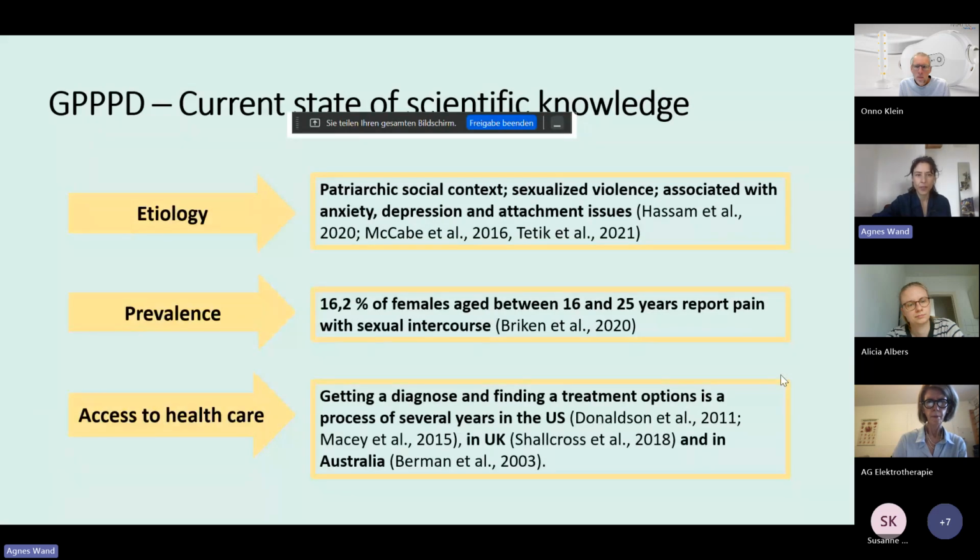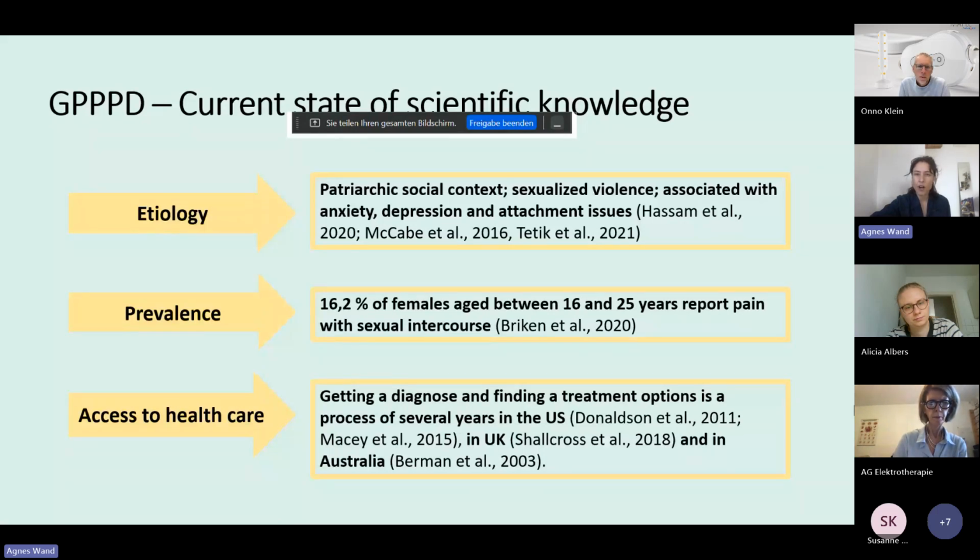I will start a bit with the current state of scientific knowledge, and because genitopelvic pain penetration disorder is a very long term, I will shorten it to GPPPD. The etiology of GPPPD is that it is more prevalent and somehow connected to patriarchal social contexts, which means social contexts in which the gender gap between men and women is very big.